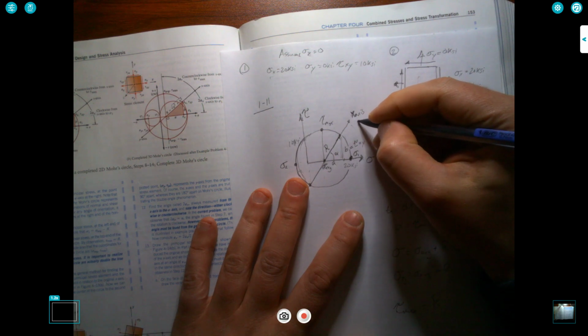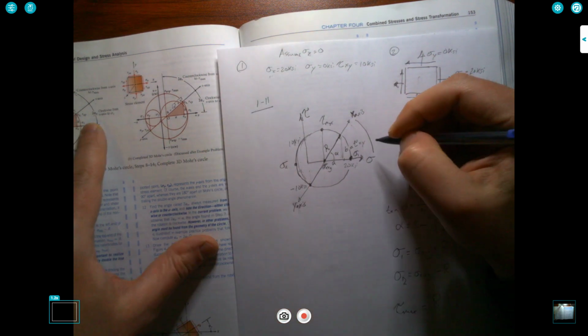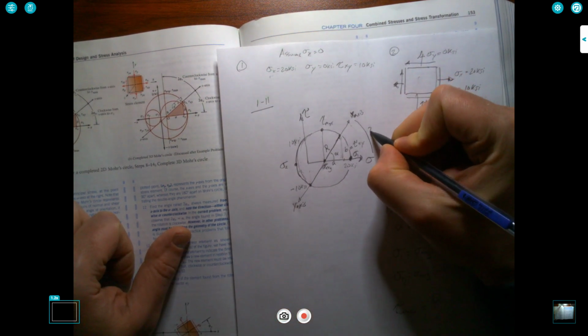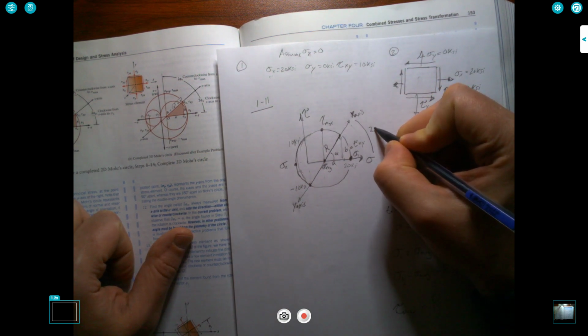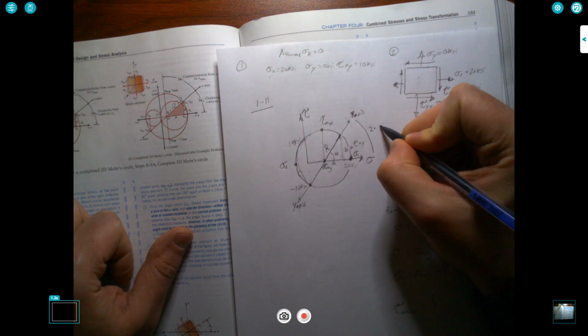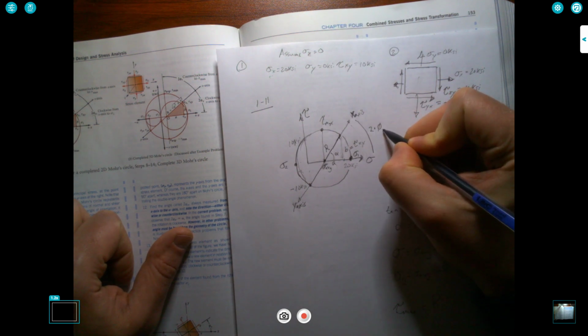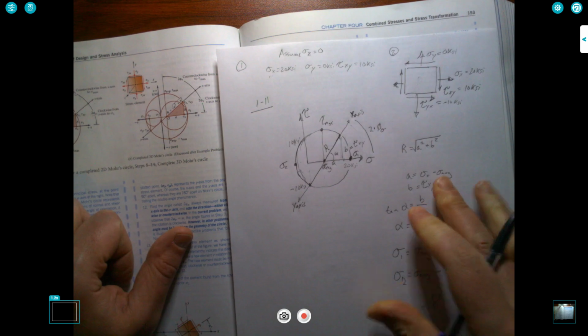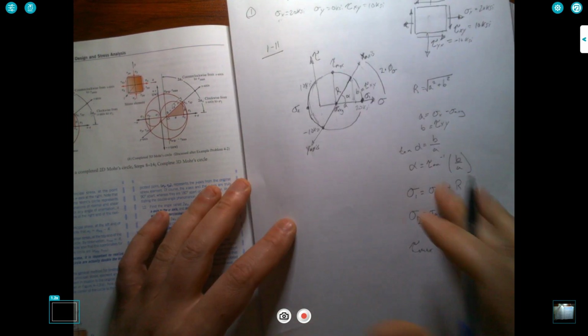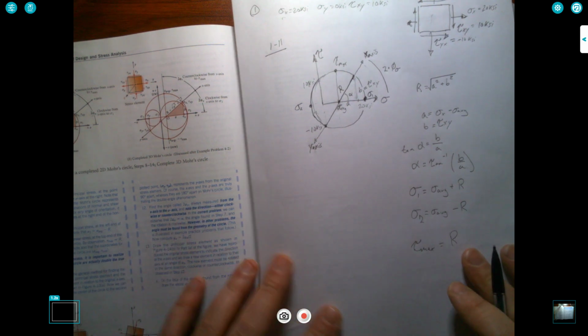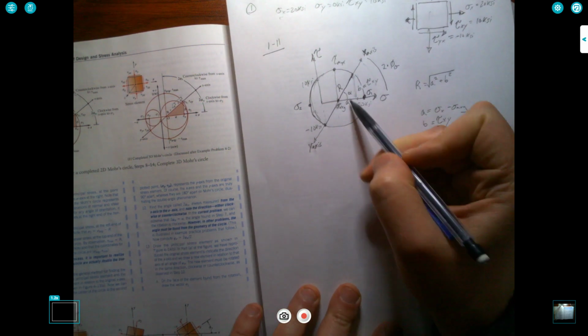So as we see over here, we have an angle. This angle that we have is going to be equal to 2 times our phi sigma. So we want to find that angle, and to do that, we call this angle alpha, right?